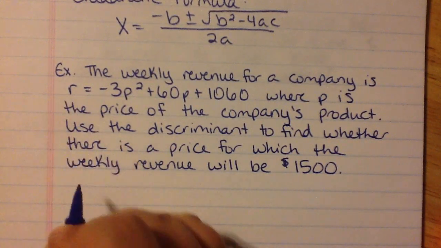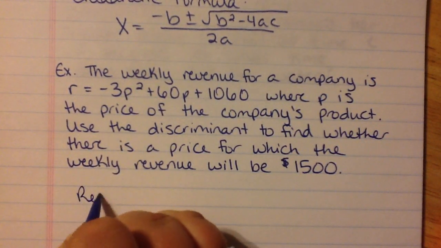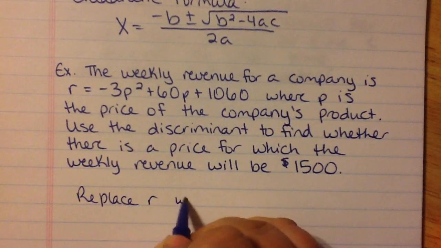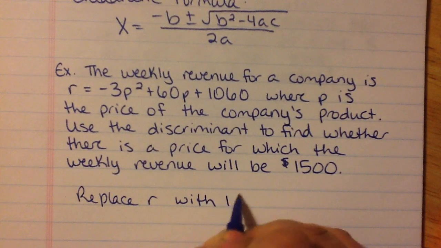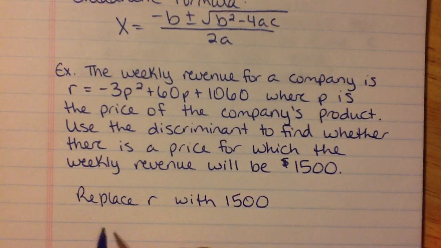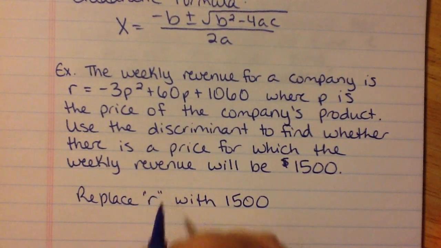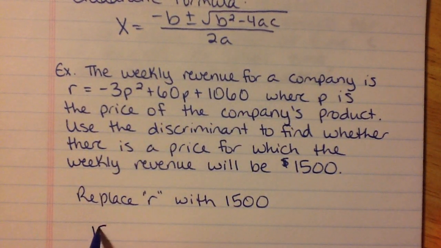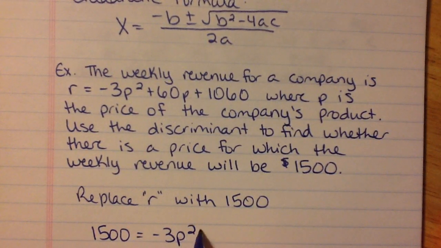Well, R is revenue, so we are going to replace the R, which stands for revenue, with the 1,500, which is what we want our revenue to be. So we would rewrite our formula as 1,500 equals negative 3p squared plus 60p plus 1060.